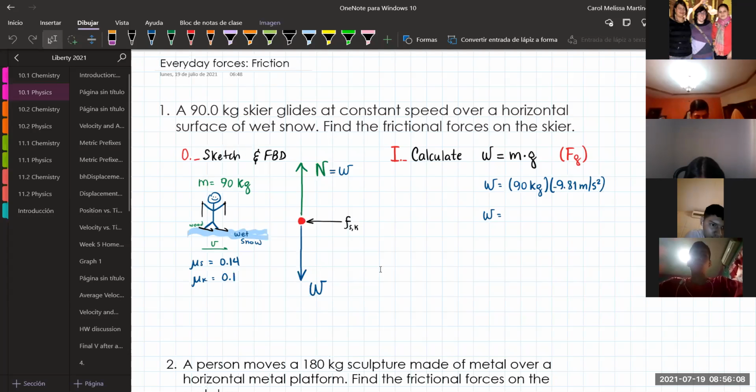How much do you get from that? $882.9. Okay, 882.9. And take a look at the units. We have kilograms and we have meters per second square.